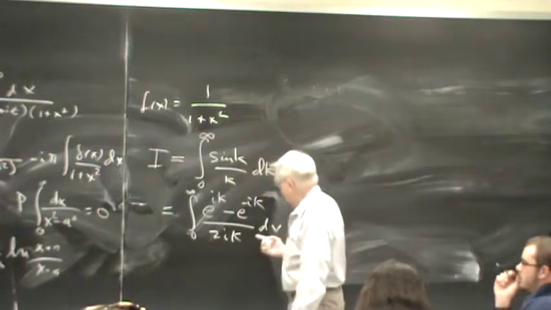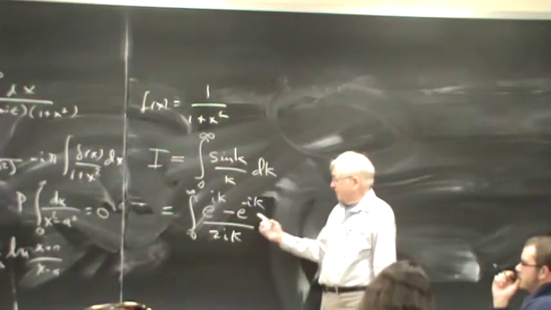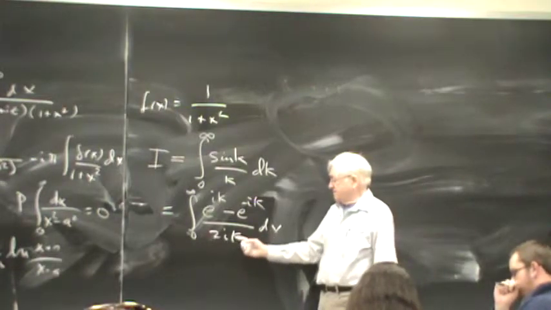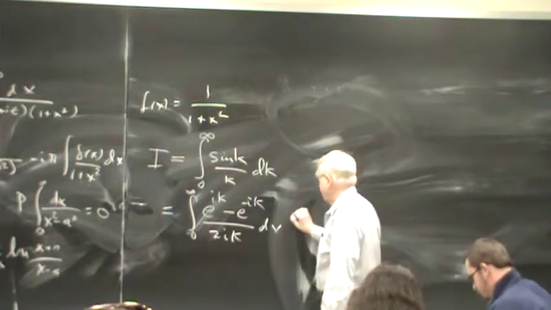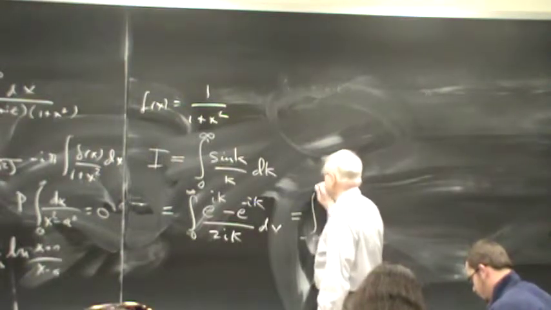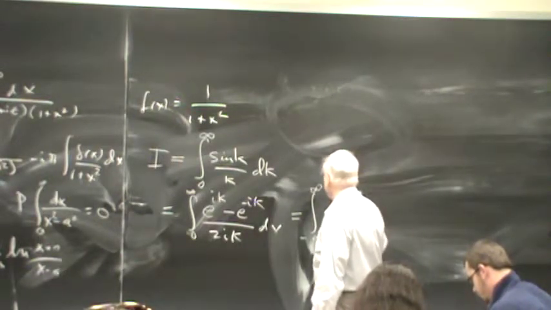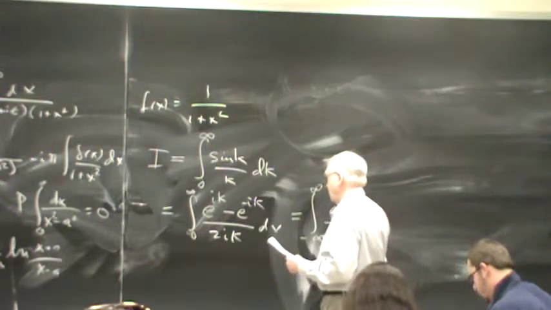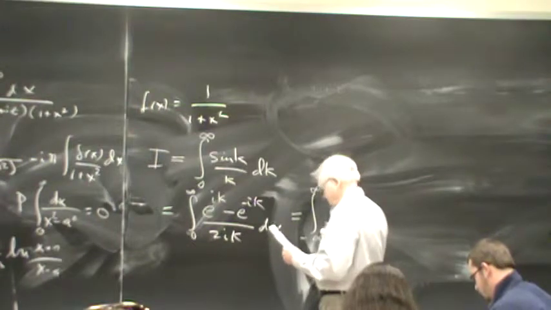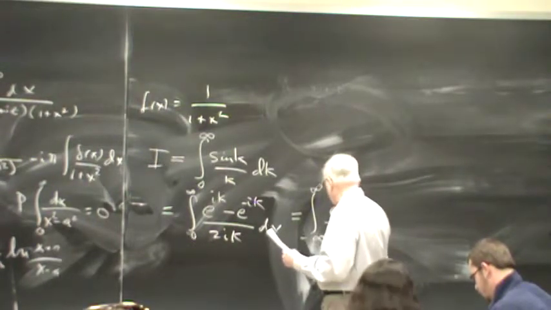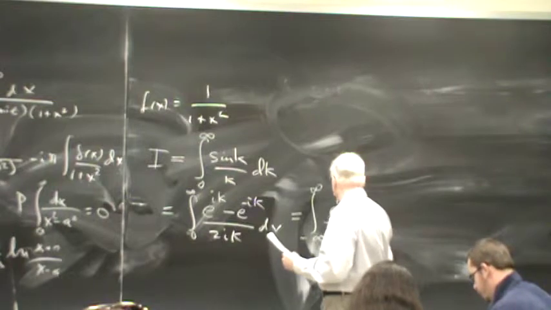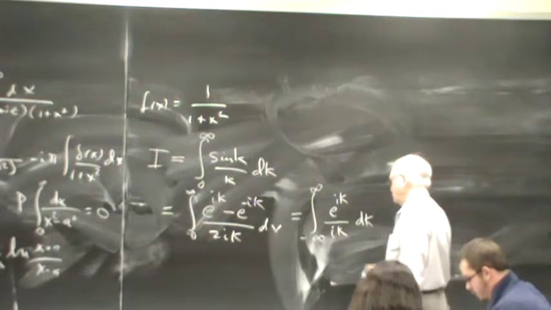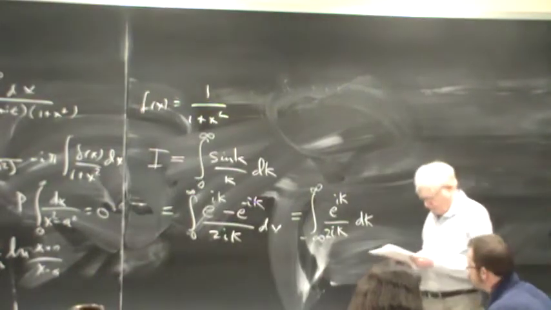The reason we do that is that if we go to negative k, then this k absorbs a minus sign, and so this is the same thing as the integral from minus infinity to plus infinity of e to the i k over 2i k. Yeah, it's 2i k.